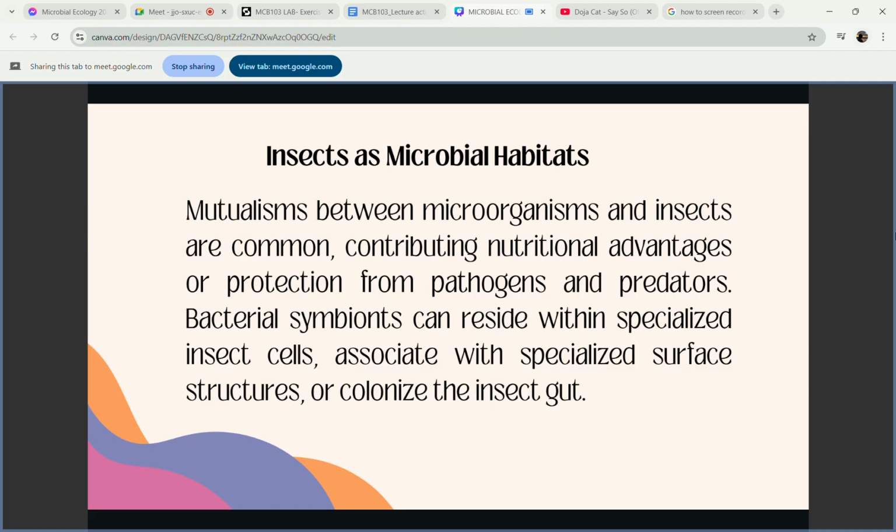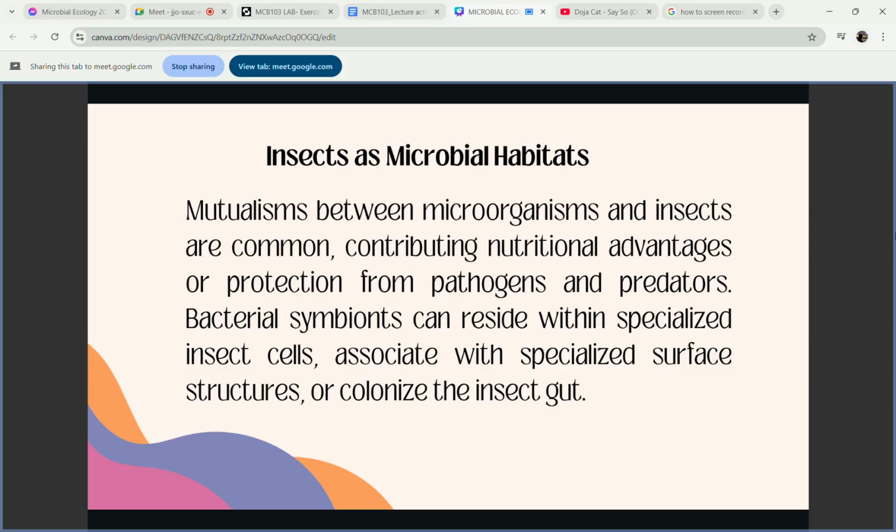So let us move on to insects as microbial habitats. Mainly the organisms that I will show present a mutualistic relationship with their host organism.